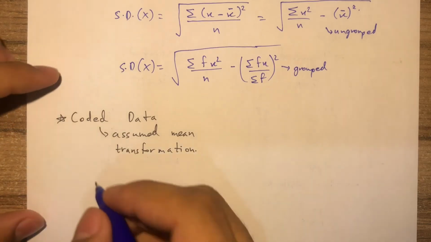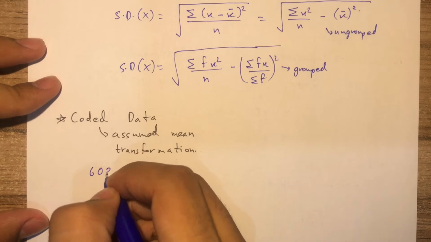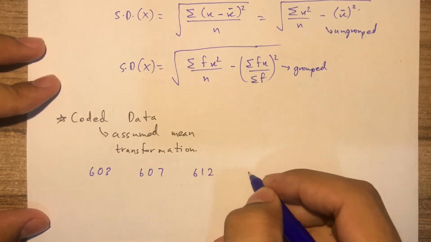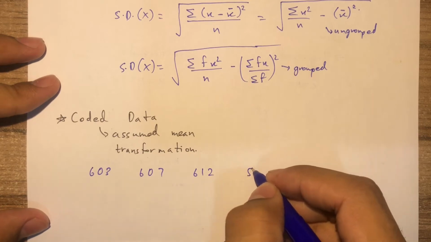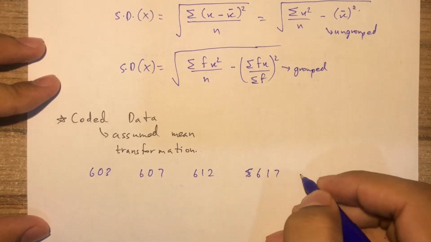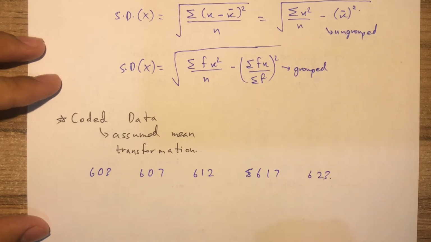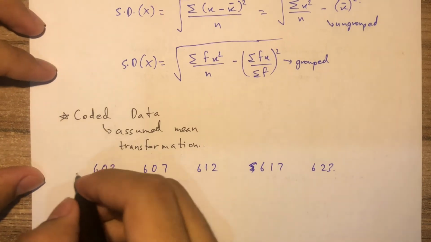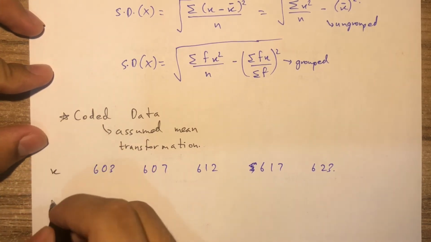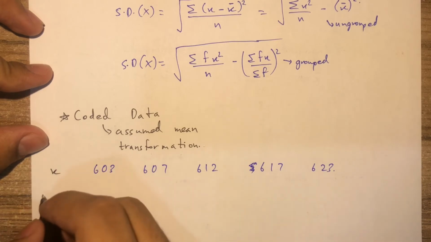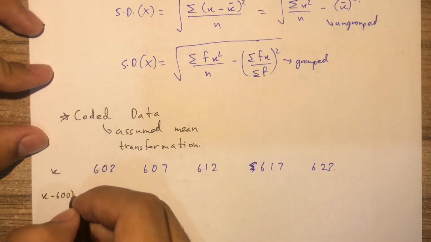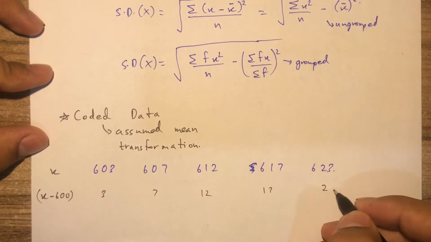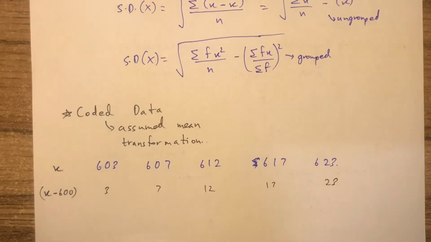For example, if we have a data, right? Now to make this simpler, what I can do is that I'll subtract. So basically I'll say that these were the values of x. I'll subtract 600 from all of them, and I'll say that these are the values of x minus 600. So that will be 3, 7, 12, 17, 23. This makes representation of data simpler, right?